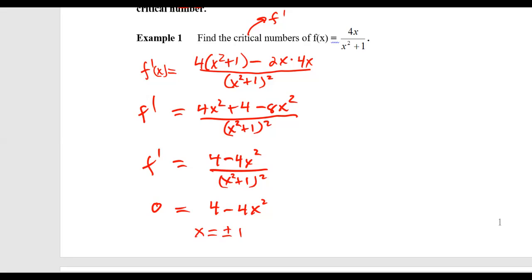Now, these are critical numbers. All right, now you can check, is it undefined anywhere? We checked where it is 0, got those. What about undefined? Check that too.